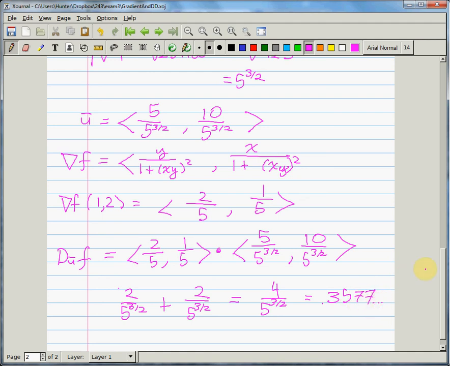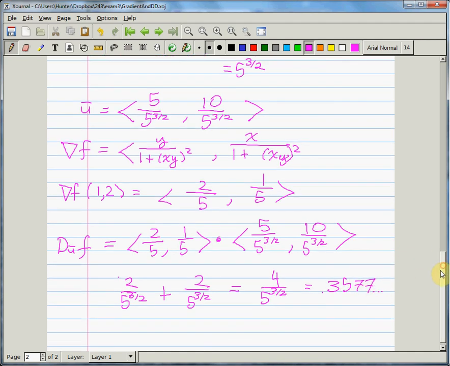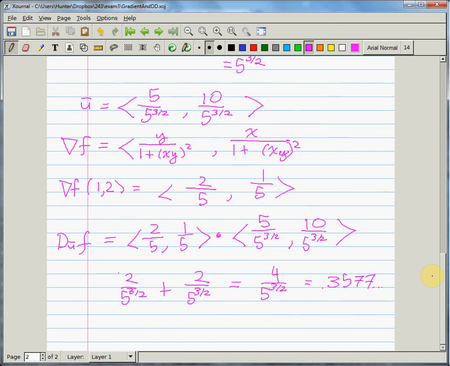Okay, so that means that if you're standing on a plane and there's temperature where you're standing, if you walk in this direction, then temperature increases at a rate of 0.3577 degrees per foot, or whatever unit you're using to represent direction and the magnitude of direction in the plane.